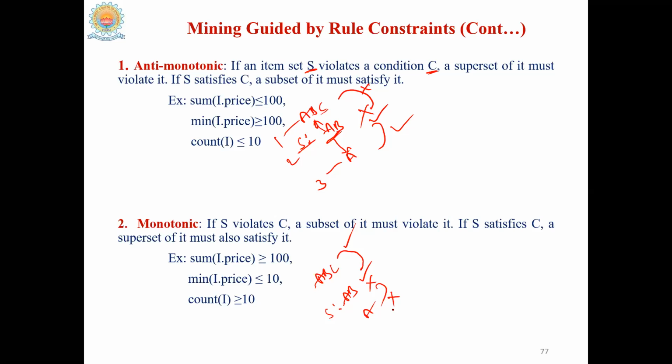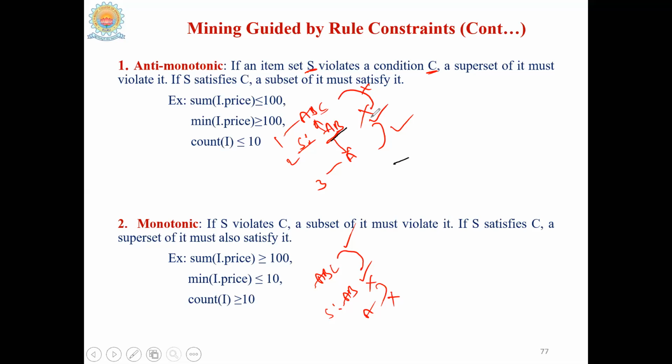We can get a clear idea about this by taking an example. Don't worry about it, I'm going to repeat it again. If an item set does not satisfy the condition, then its superset also does not satisfy that condition.